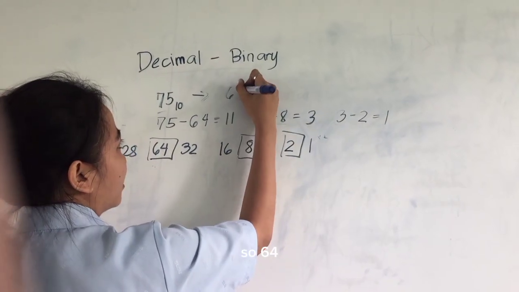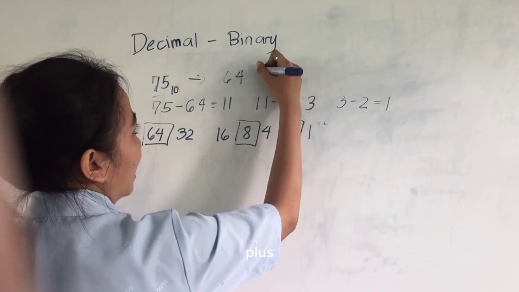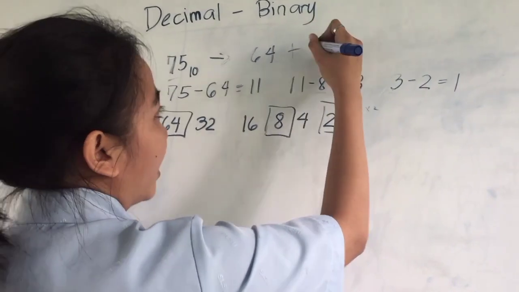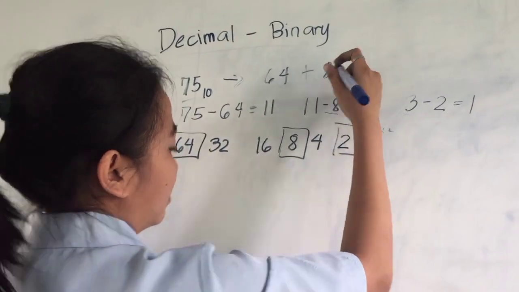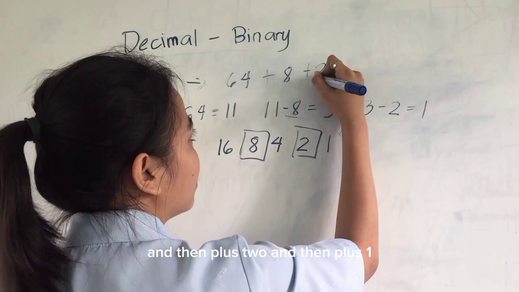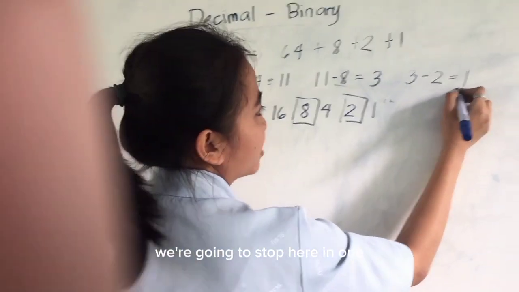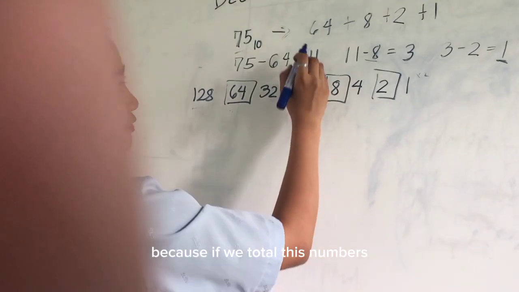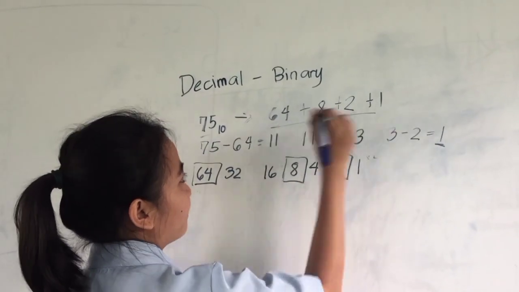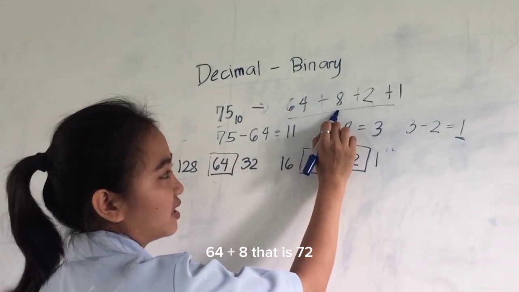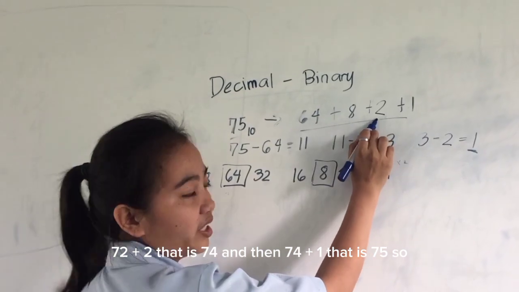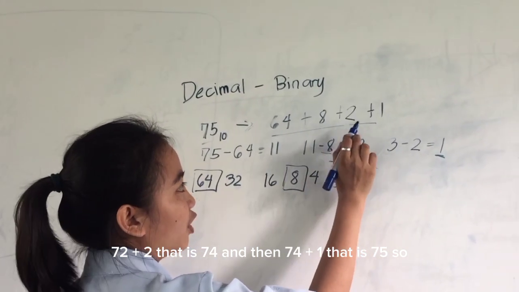So 64 plus 8, and then plus 2, and then plus 1. We're going to stop here at 1 because if we total these numbers, 64 plus 8, that is 72. 72 plus 2, that is 74. And then 74 plus 1, that is 75.